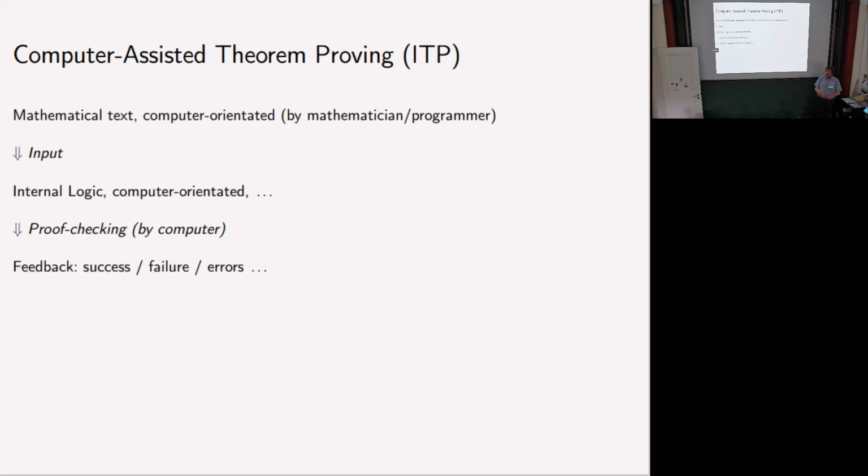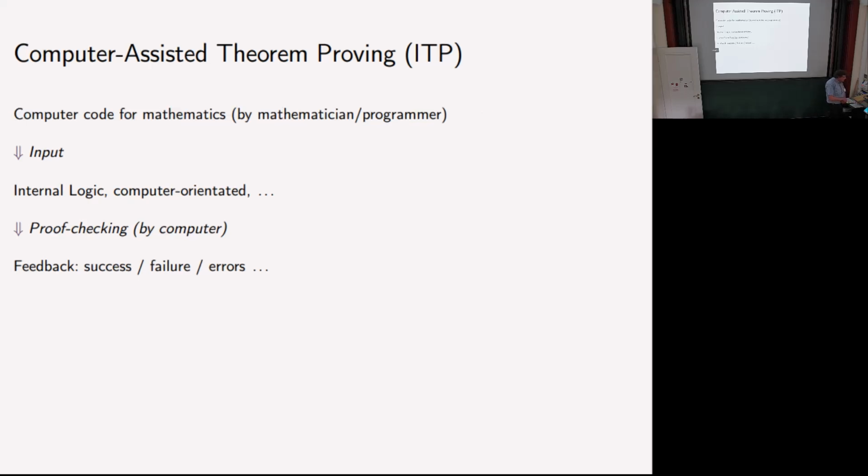So the mathematician has at least some programming idea what is going on. How do I program? How do I steer my system? So you could rather say that computer code for mathematics is entered into standard ITP systems.